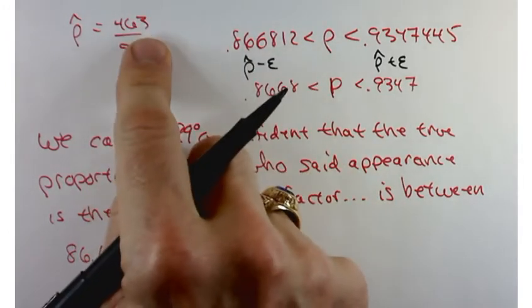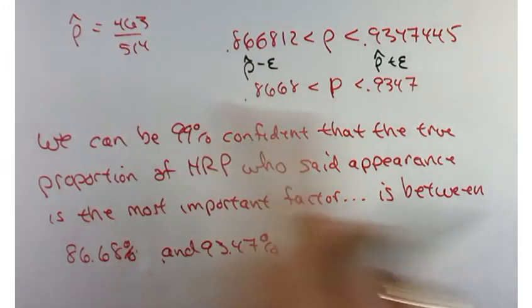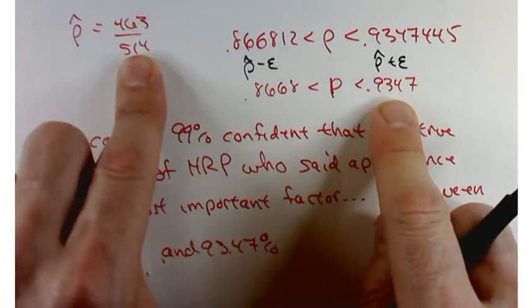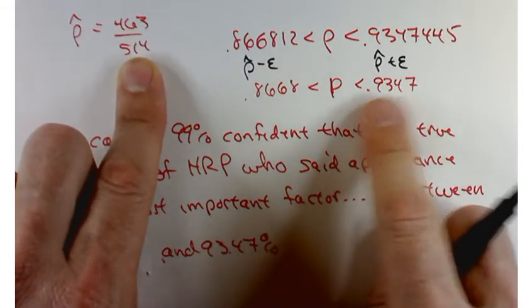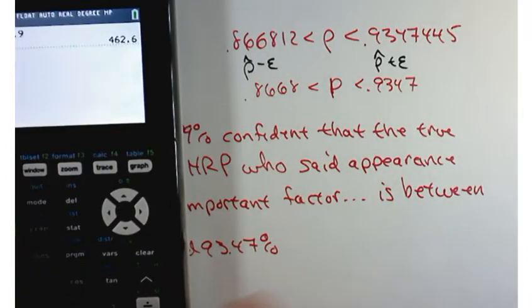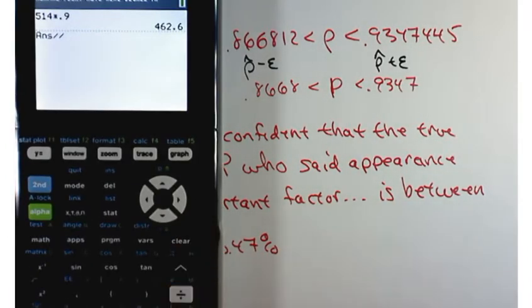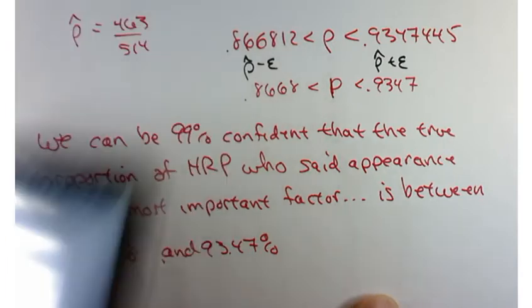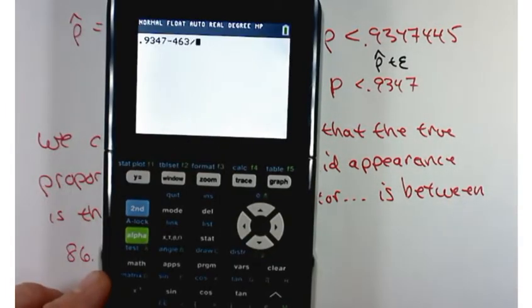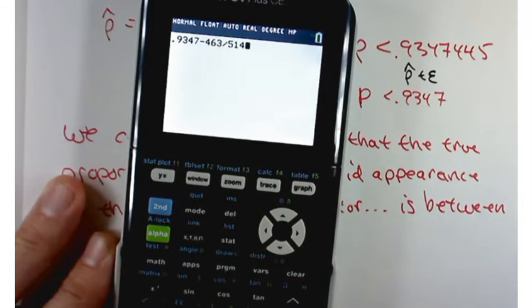Well, if this is about 90%, and without actually calculating it, then the error rate is about 0.0347, maybe a little bit less. Let's find out. 0.9347 minus P hat, which was 463 divided by 514.